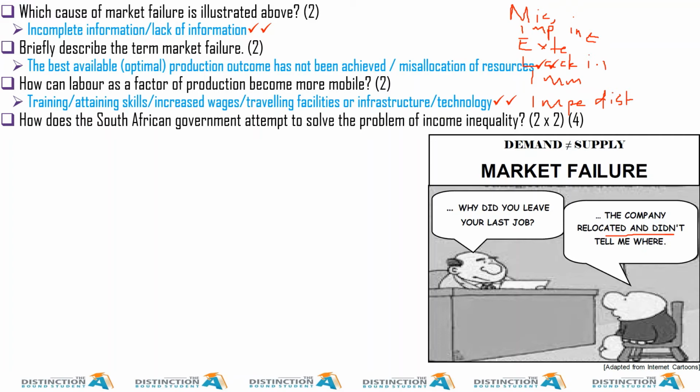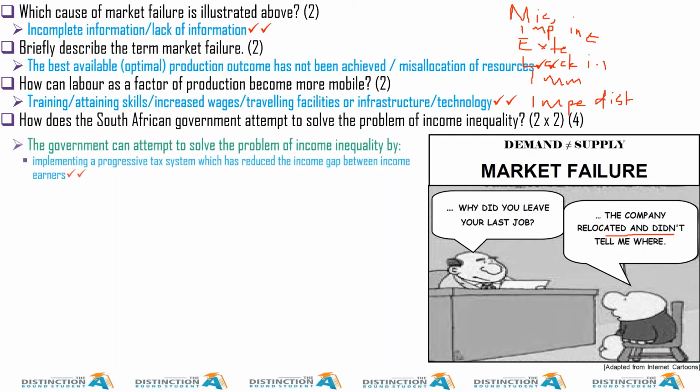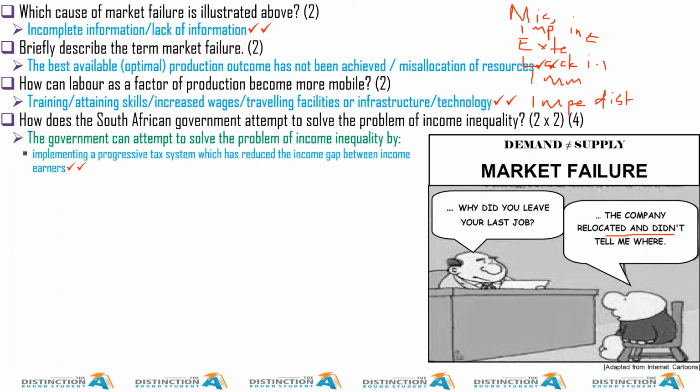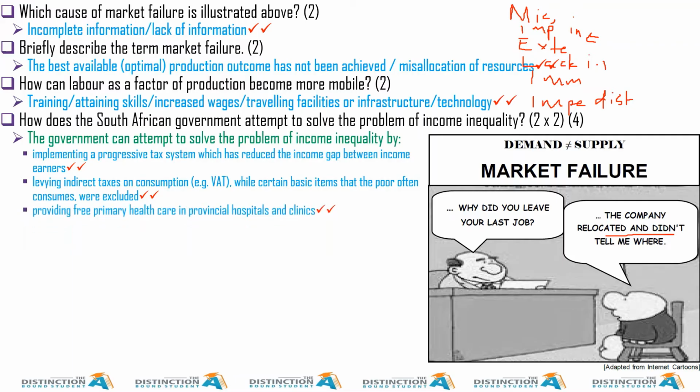Then how does the South African government attempt to solve the problem of income inequality? One of the biggest things that government does is using the progressive income tax system, which is charging high income earners more tax than low income earners. That bridges the gap between the haves and the have-nots, or the rich and the poor.